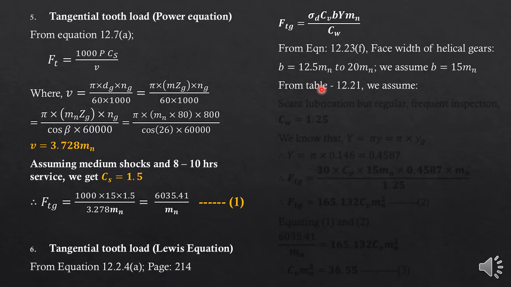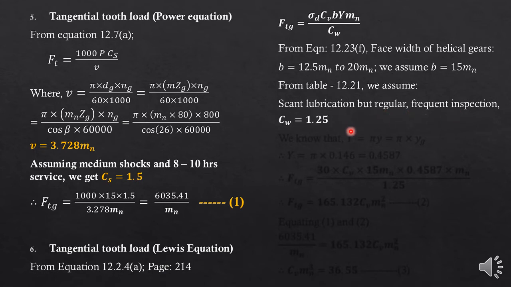And from table 12.21, we obtain the wear and lubrication factor, CW. CW is wear and lubrication factor, which, similar to CV and CS, is another service refining factor. From table 12.21, if you assume the lubrication to be scant but regular frequent inspection, we will get the lubrication factor as 1.25.